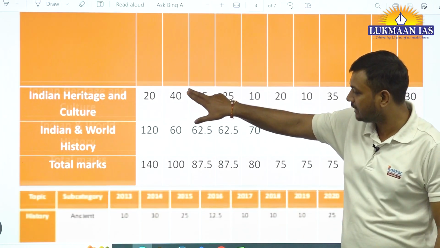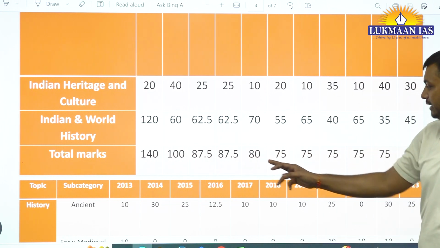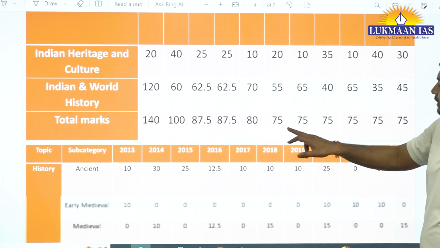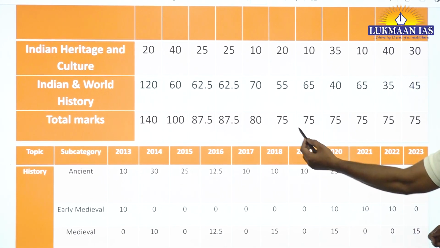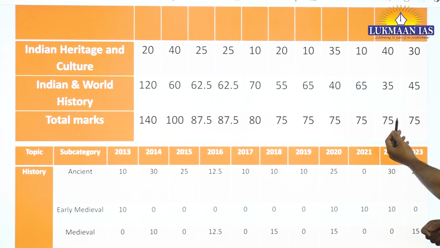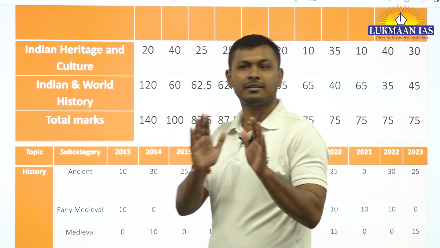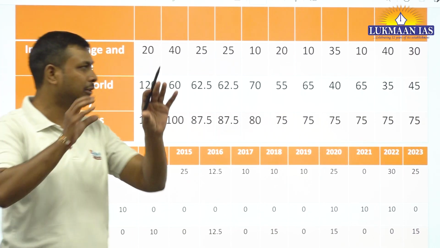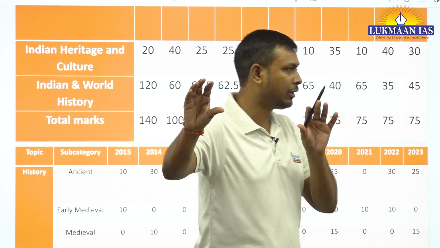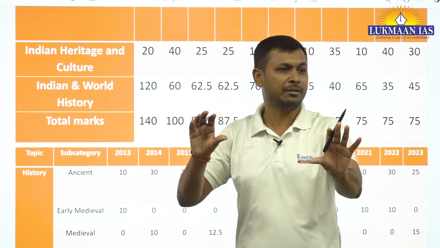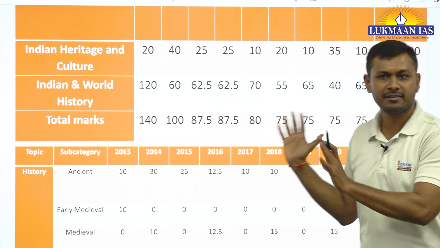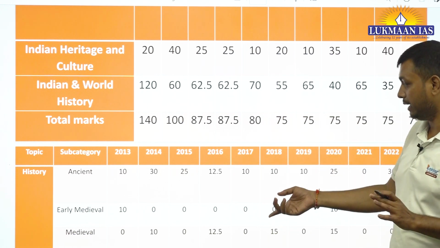But after that it started significantly declining, and from 2018 onward there is a pattern: 75, 75, 75, 75, 75, 75. So by and large you are going to get around 6 questions, with a combination of 10 marker and 15 marker. This is the pattern. 75, 6 questions. It is a general pattern.